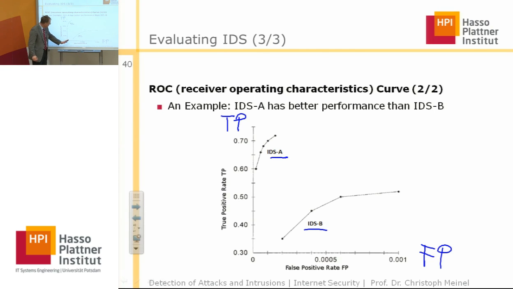And you see the ratio between the true positive rate and the false positive rate that describes the power and performance of the intrusion detection system. And here the relation is much higher. There is a much higher true positive rate compared to the false positive rate.